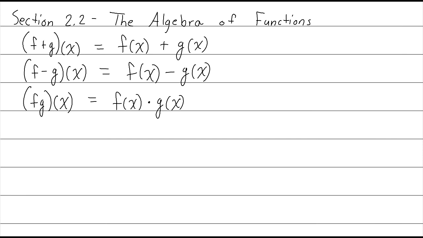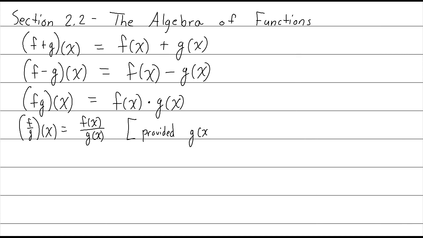And then finally, f over g of x just means f of x divided by, or over, like a fraction, g of x. We do have to make a little disclaimer here, right? Provided g of x does not equal 0, right? Because you can't divide by 0. So you want to make sure that doesn't happen.